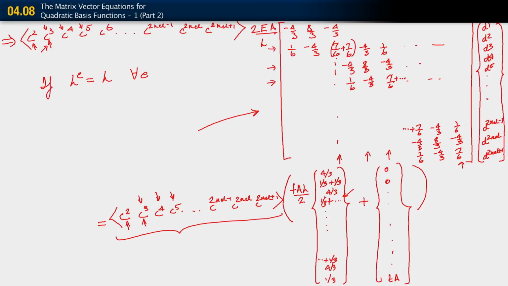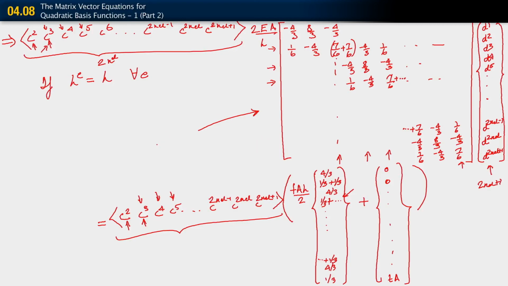One thing I want you to note, and this is what we're going to pick up when we start the next segment, is that the length of this vector is what? How many components in that vector? 2 times NEL. Whereas that vector has 2 times NEL plus 1.